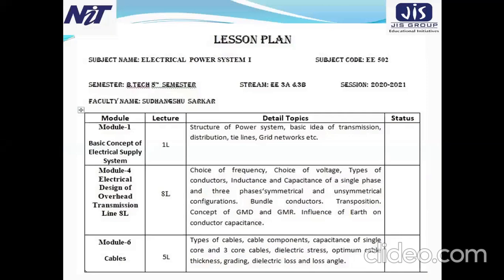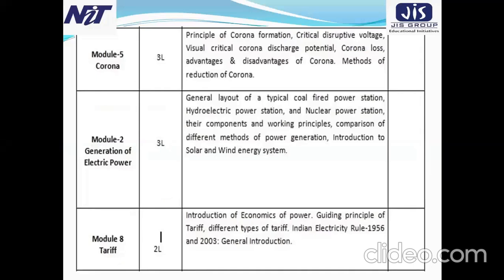So this is the lesson plan of Power System 1. In the lesson plan, we have modules 1 to 4 and 5 to 8. From these modules, today I am going to talk about module 5, that is Corona.